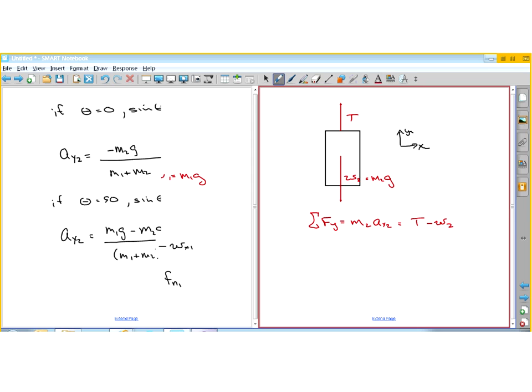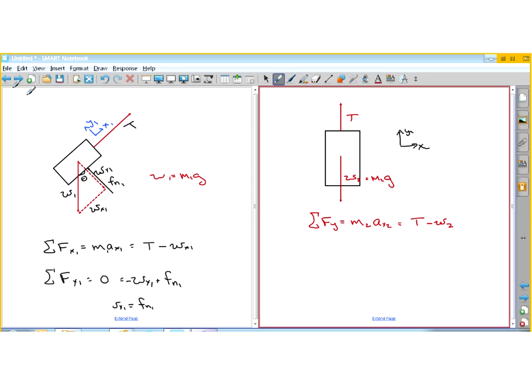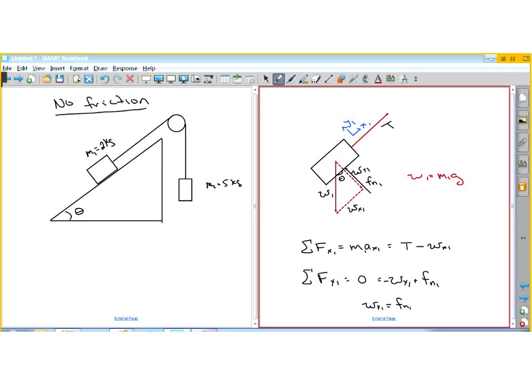So let's go back here. You break both of the objects. So here's your original scenario. You do 2 free body diagrams, one for this block, one for that block. The thing that connects the two is the tension in the cable and the fact that the accelerations are equal in magnitude. You define your coordinate system so that x is parallel to the surface and y is perpendicular to the surface.